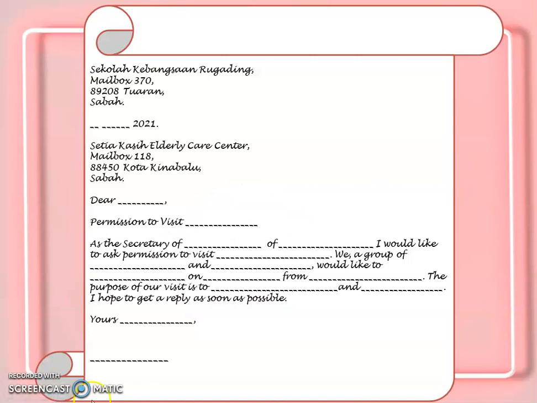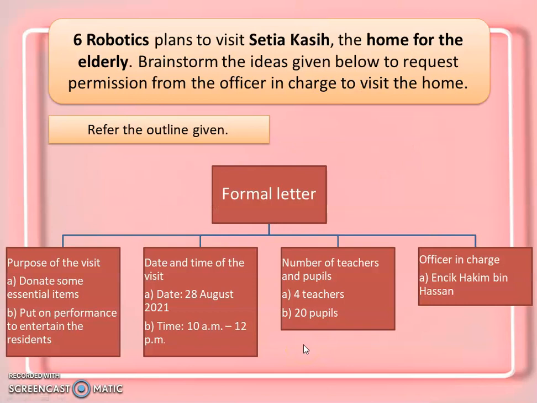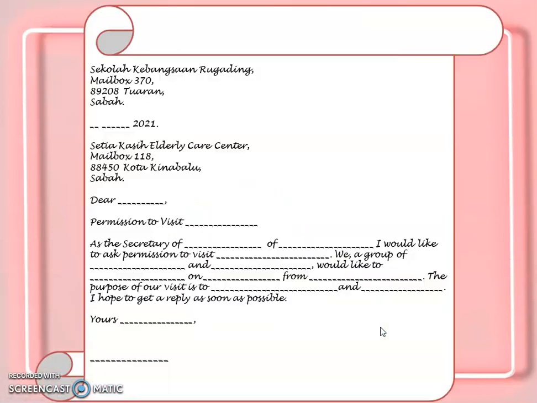Okay, so these are the example of the full format. Okay, I give you the receiver and also the sender's address. So you just have to fill in the other information based on this one. So this is your address, the sender's address, Sekolah Kebangsaan Rugading, mailbox 370-89208 Tuaran, Sabah.